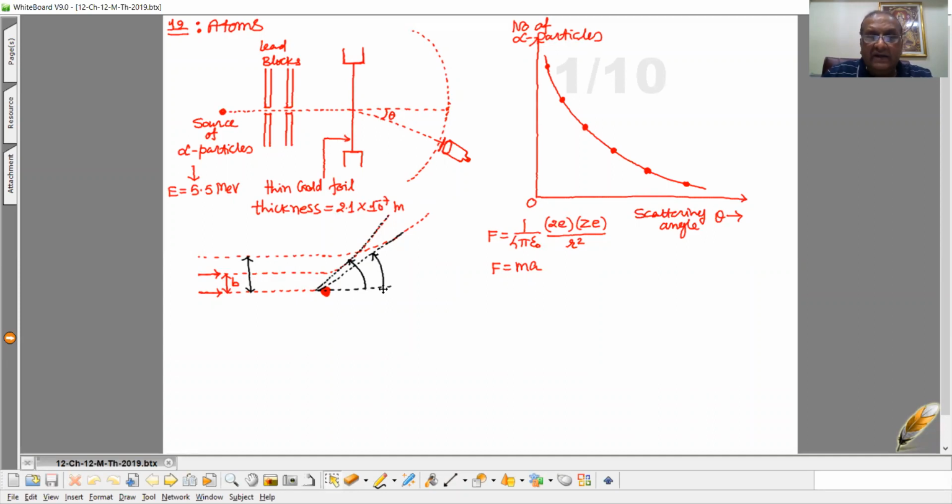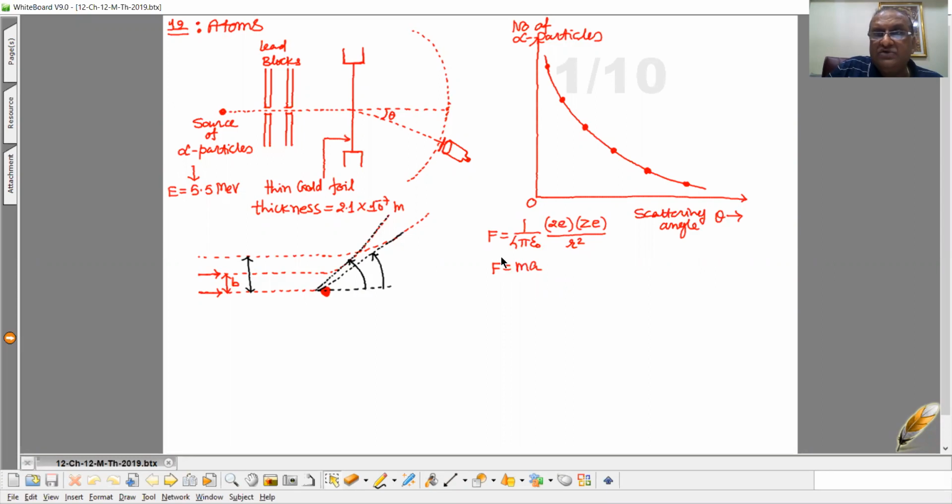Okay, and see here, actually in the text it is not given to you, but Rutherford derived the equation for the number of alpha particles scattered at different angles, and he used Newton's second law of motion, F equals m a, and Coulomb's law.